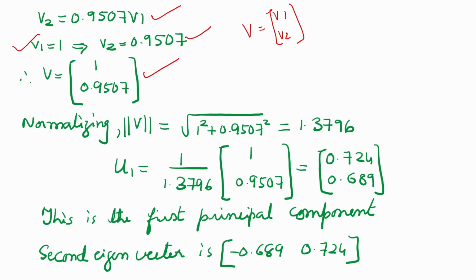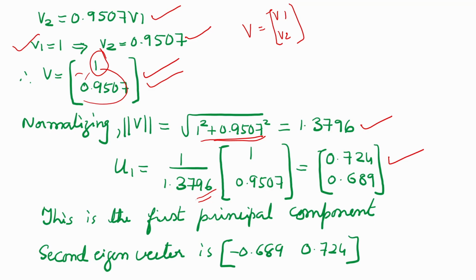So the norm is the square root of the sum of squares: square root of 1 squared plus 0.9507 squared. You get the value as this one, which is the norm of V. In this vector, you divide each value by this norm to get the normalized values. So 1 and 0.9507 are divided by 1.3796, and you get the values 0.724 and 0.689.